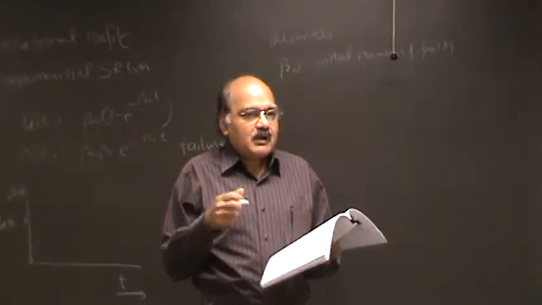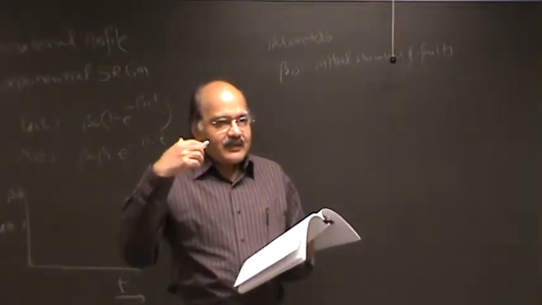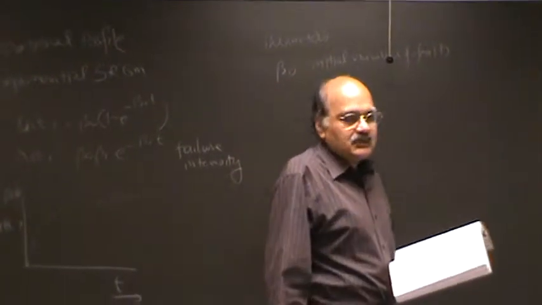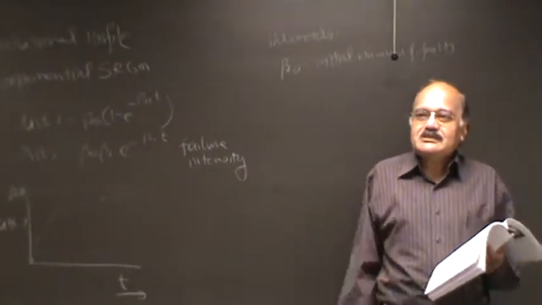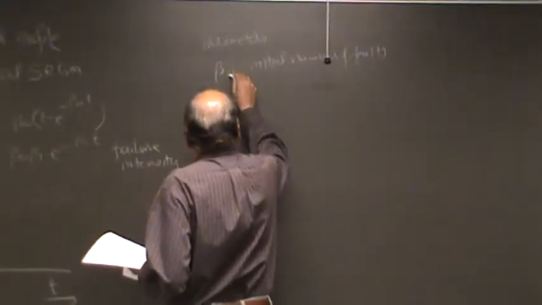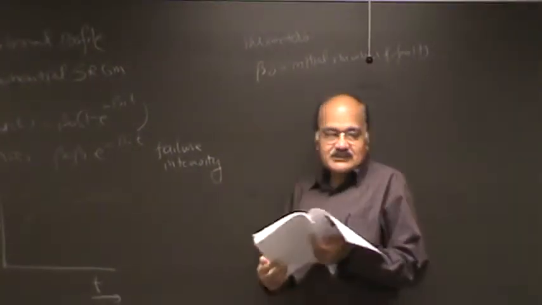In actual practice, you will probably find a few more, because some of the faults would be removed incorrectly. In other words, in the process you are going to inject a few new faults. So the total number of faults you will eventually find would be slightly more than beta 0, perhaps 5% or so.